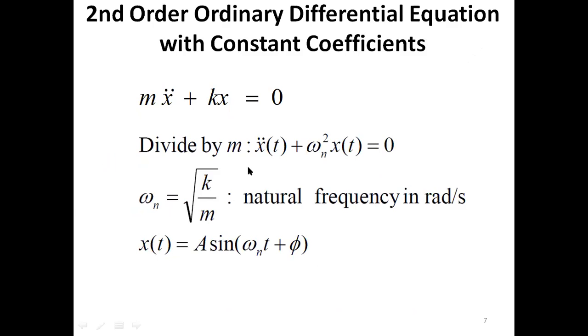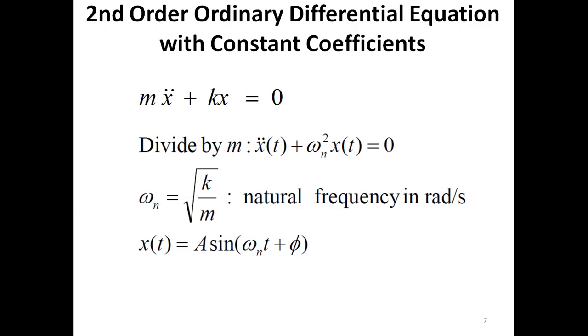So we have the equation of motion for the spring mass system. We have a second order ordinary differential equation with constant coefficient. There are two dots, a second order ordinary differential equation, because the variable x depends only on time.